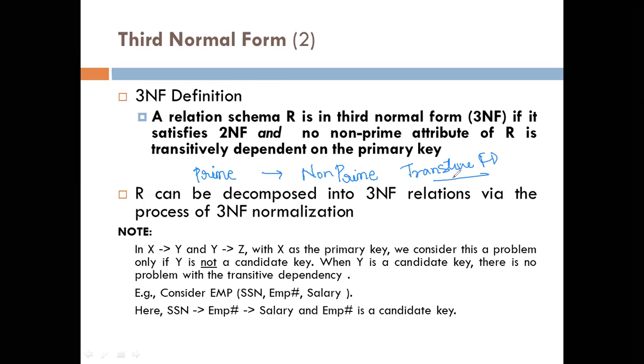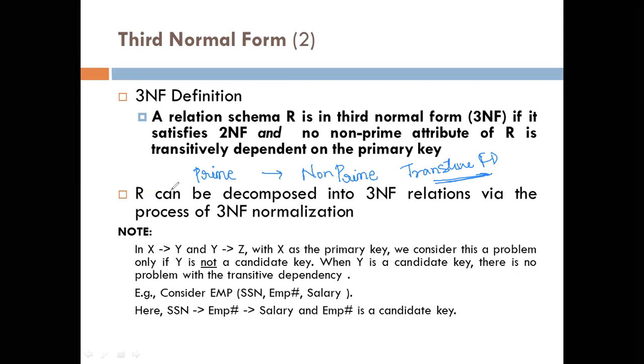So the transitive functional dependency should be between a prime attribute and a non-prime attribute. In this case, we will decompose the tables. And there are scenarios where this decomposition is not necessary if the transitive dependency is not via a non-prime attribute.